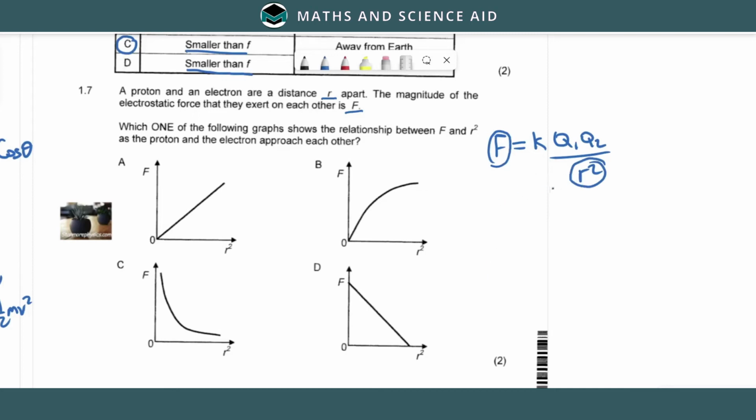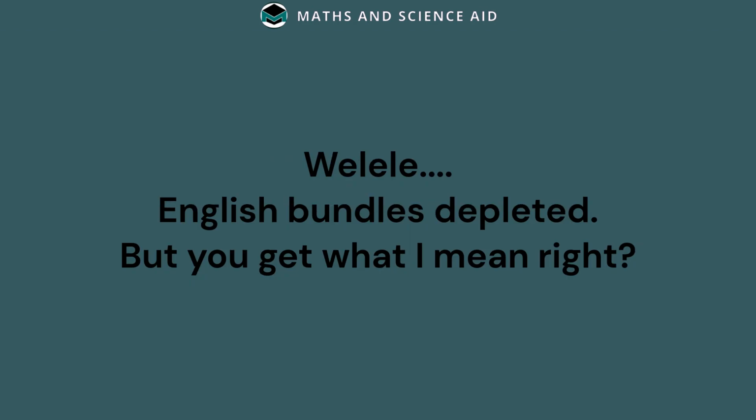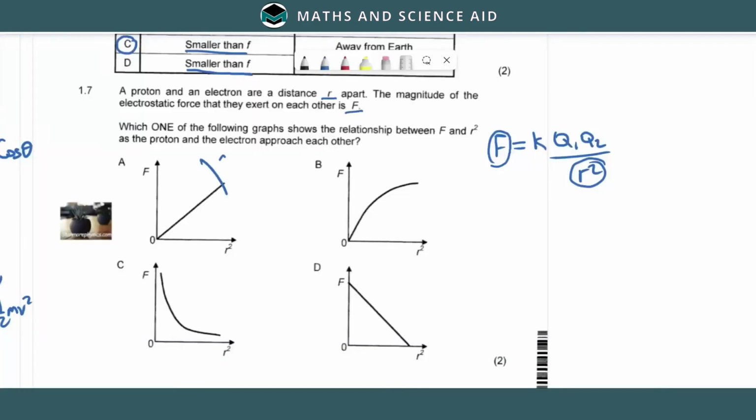And so the first thing that we note from Coulomb's law is that these two quantities are inversely proportional to each other. So if we look at graph A here, graph A suggests that as r squared increases, F also increases, and so this is not the correct answer because these are inversely proportional.